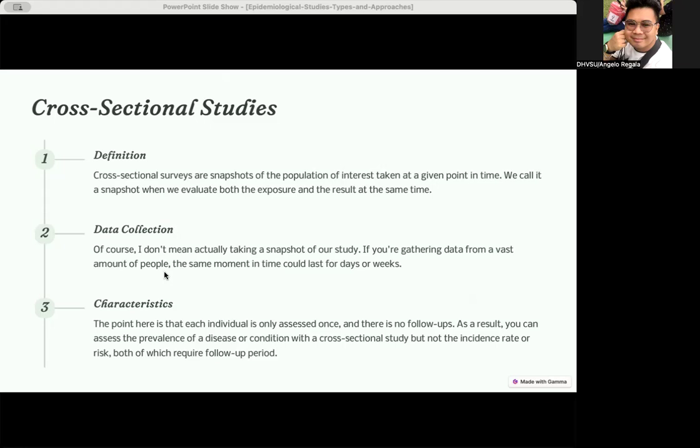So when we talk about prevalence rate, these are the people who are affected. Okay, so they were exposed in that particular study and what would be the outcome. So that is what we call prevalence.